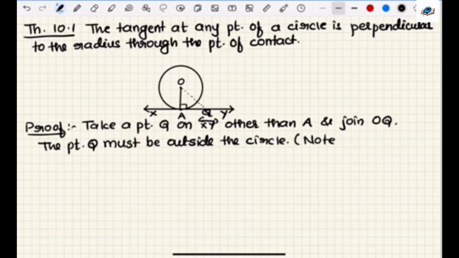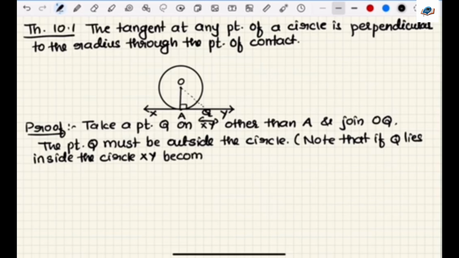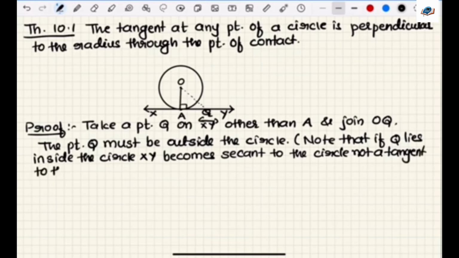Here note that if Q lies inside the circle, XY becomes a secant to the circle, because then it will touch the circle at 2 points, so it will be a secant to the circle, not a tangent to the circle.